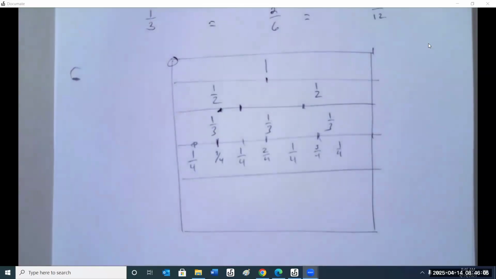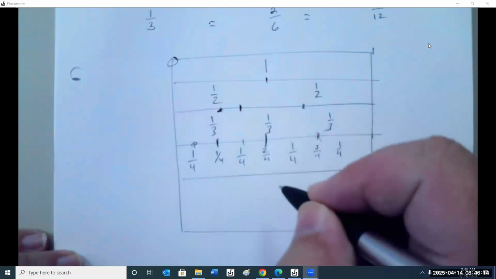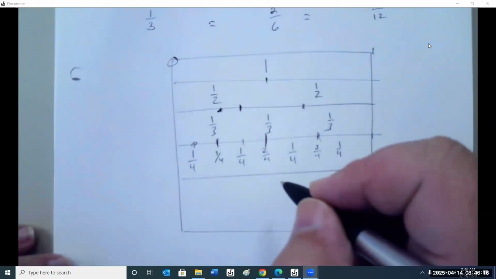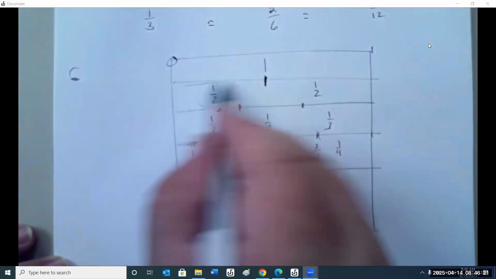And we keep on going further and further with that. It's a poster you can have in there. And this will show them equivalent fractions. You can see that 2/4 is the same as a half because they take up this much of the line.